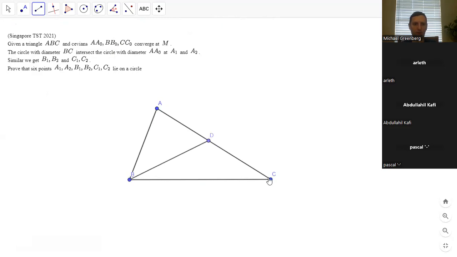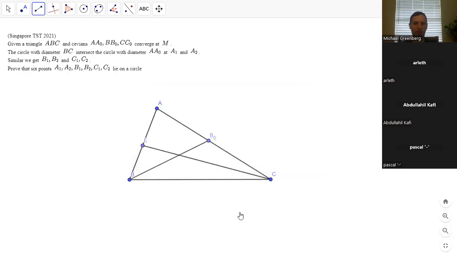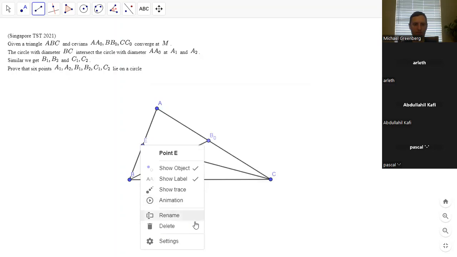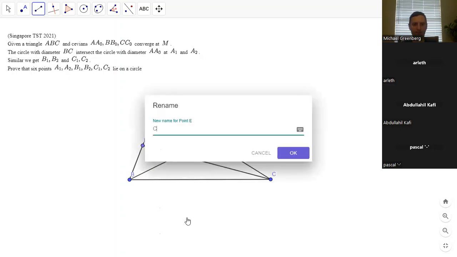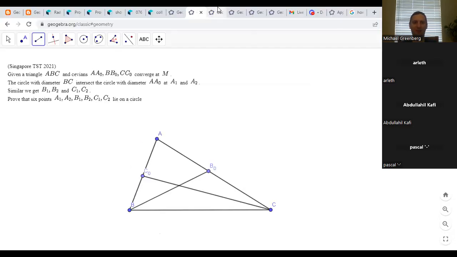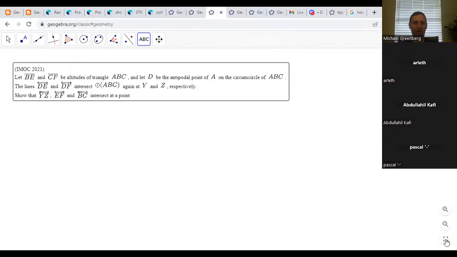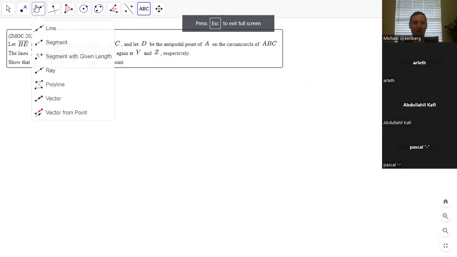I think we only need to draw B naught and C naught. Oh, actually, maybe we need to draw all of them. Let's see. Actually, let me try a different problem. This one looks a little ugly. This one might be a little easier. So let's do an easier one.